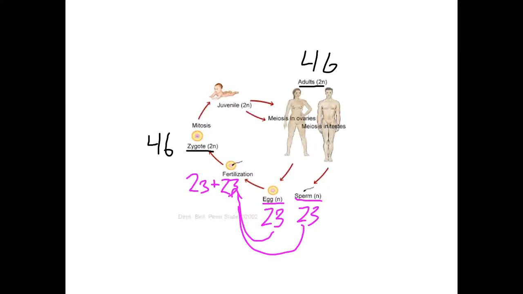But since half are from mom and half are from dad, this is a novel, whole new assortment of those particular genes. The combination that's present in the child isn't the same as either of the parents. This child will grow, develop, and if they end up deciding to reproduce, you're going to get this whole cycle repeating.